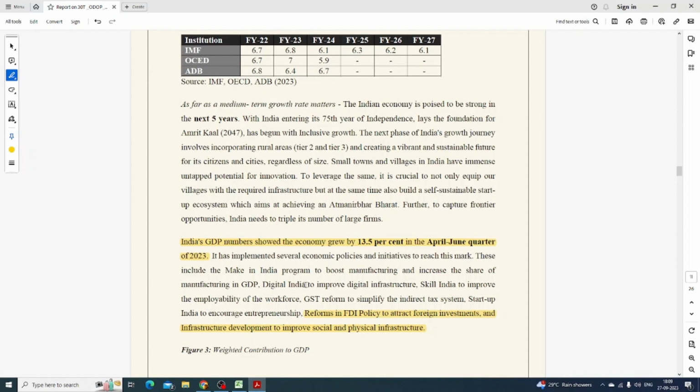Whereas FIIs, foreign institutional investments, these guys invest in the stock market. They purchase some quantity in certain stocks in which they feel there is growth possible, and these investments do not create any job opportunities, or they don't pay much tax like the FDIs.